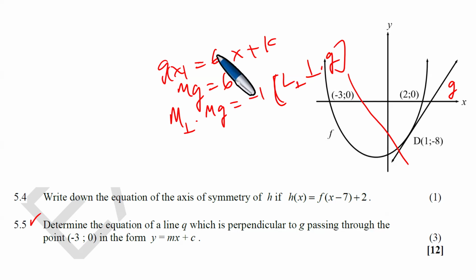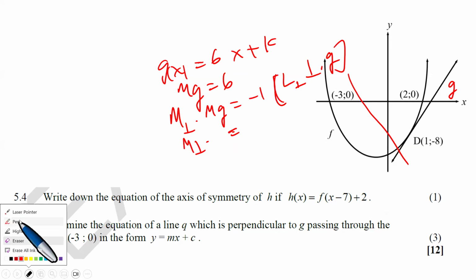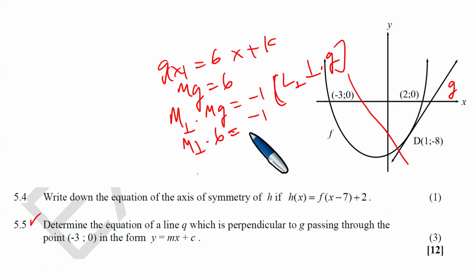The gradient of G is clearly 6, and the product of the gradients is equal to -1. So the gradient of the perpendicular is -1 over 6.